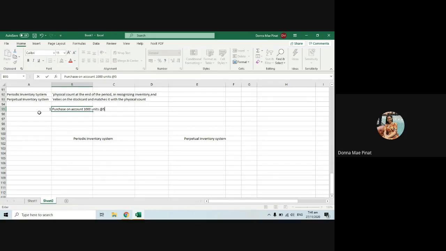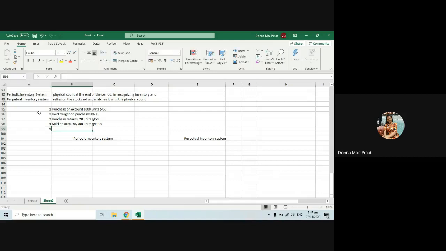Transaction 2. Transaction 3, purchase returns. Sold on account 700 units at 100.